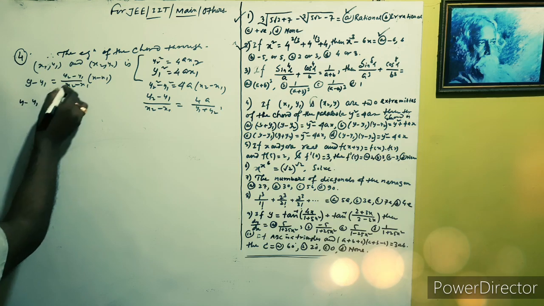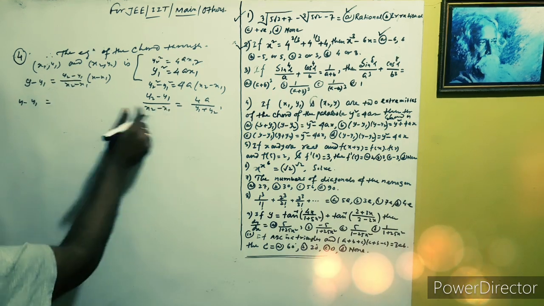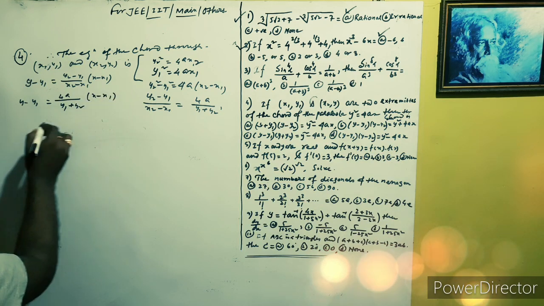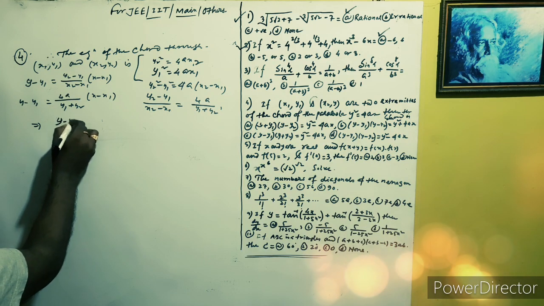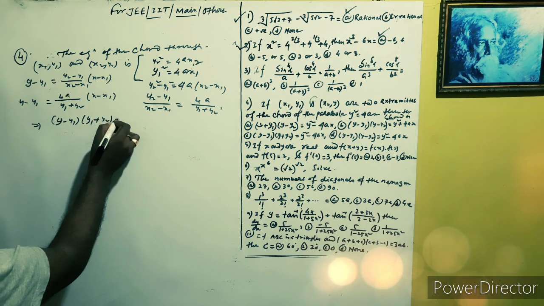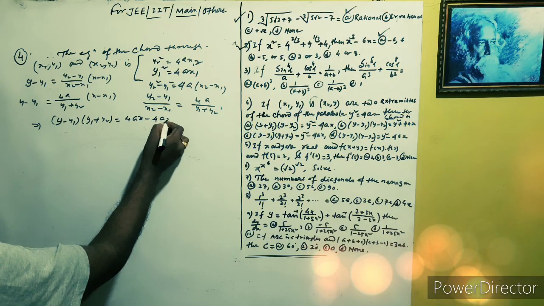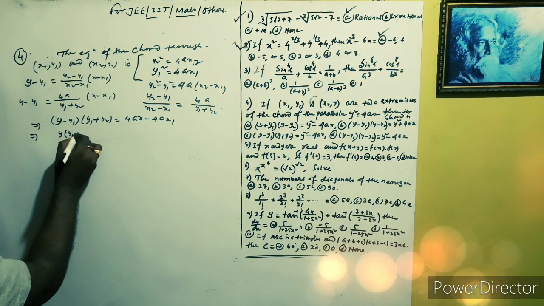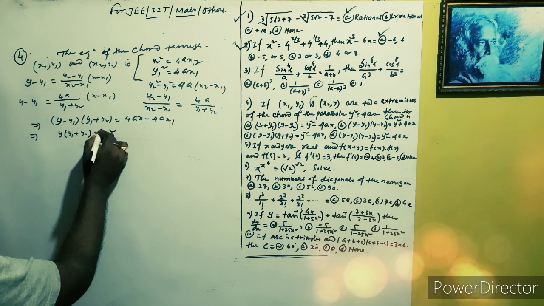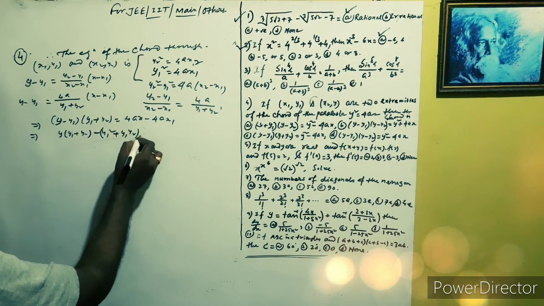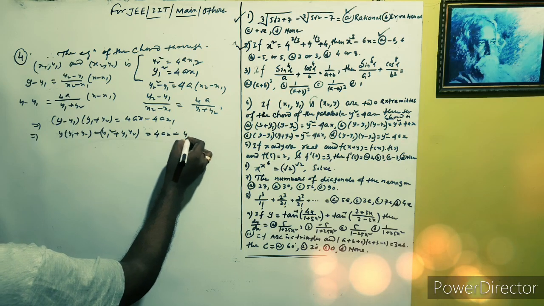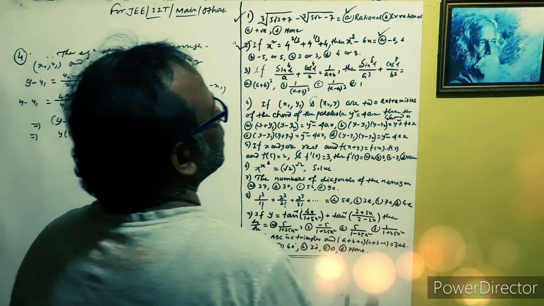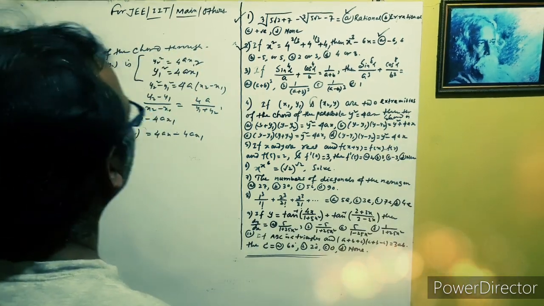And substitute this in the equation in place of that. Okay, 4a by y1 plus y2 into x minus x1, implies that if you multiply, y minus y1 into y1 plus y2 equals 4ax minus 4ax1. Now see again, if you multiply out, y1 square plus y1 y2, and 4ax, 4ax1.